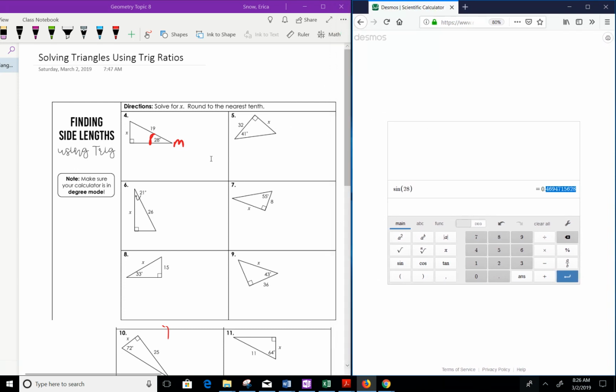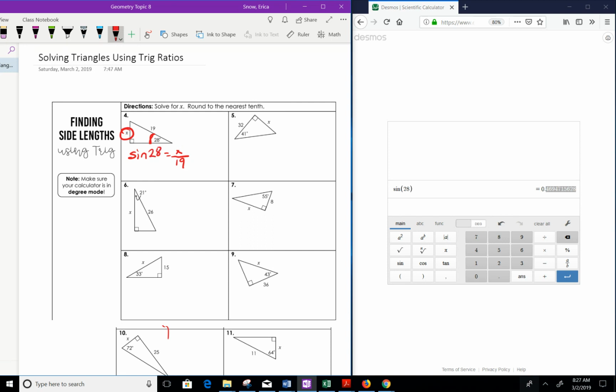Okay, so now how do we use this to find variables? Well, like I said, we know that sine of M equals our opposite side over the length of our hypotenuse, right? Well, instead of having M here, we're going to change this to a number, 28.